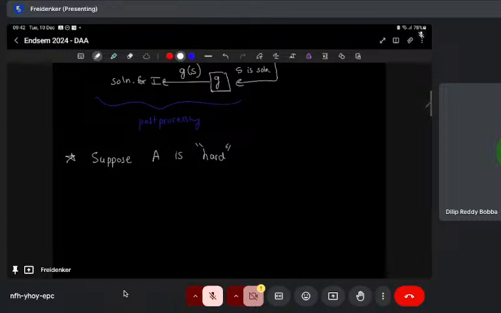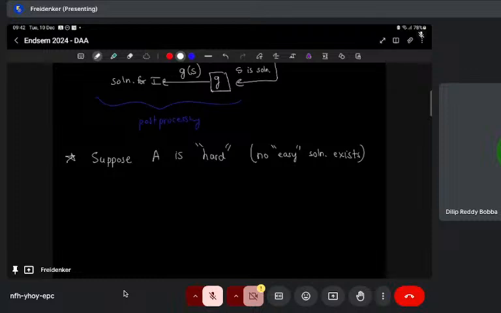We haven't seen what exactly is hard, but we will think of it this way for now, that no easy solution exists. Easy means that it belongs to class P, right? So let's say A is a hard problem. For now we think it has no easy solution.